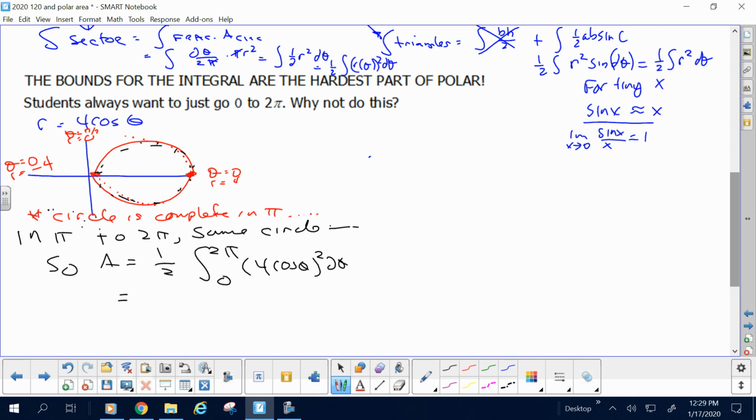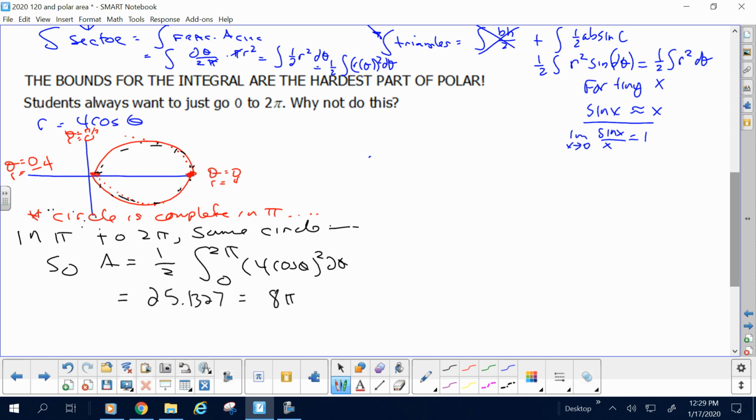Okay, so I am getting 25.1327. That is 8 pi. And what do we know the area to be? 4 pi. We know it was a circle, pi r squared. It should have been 4 pi. So you can see that you're getting double the area.